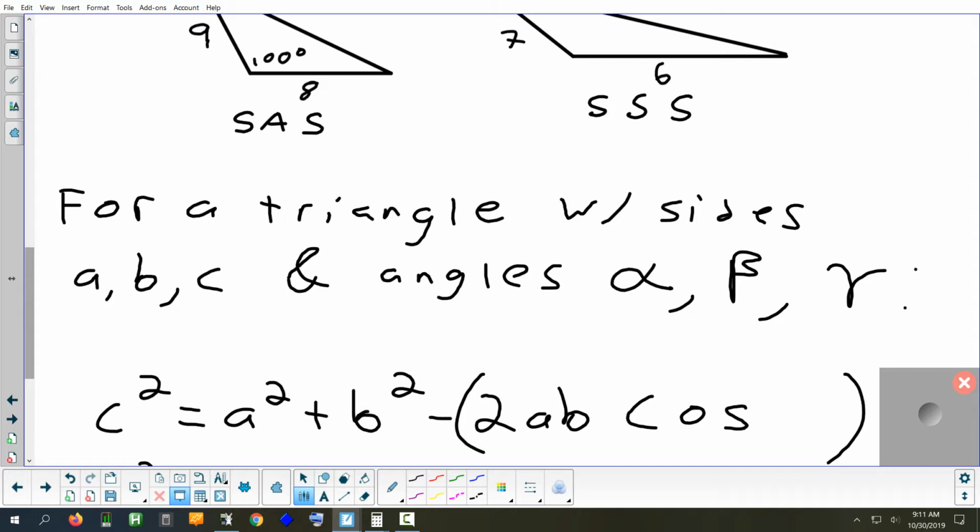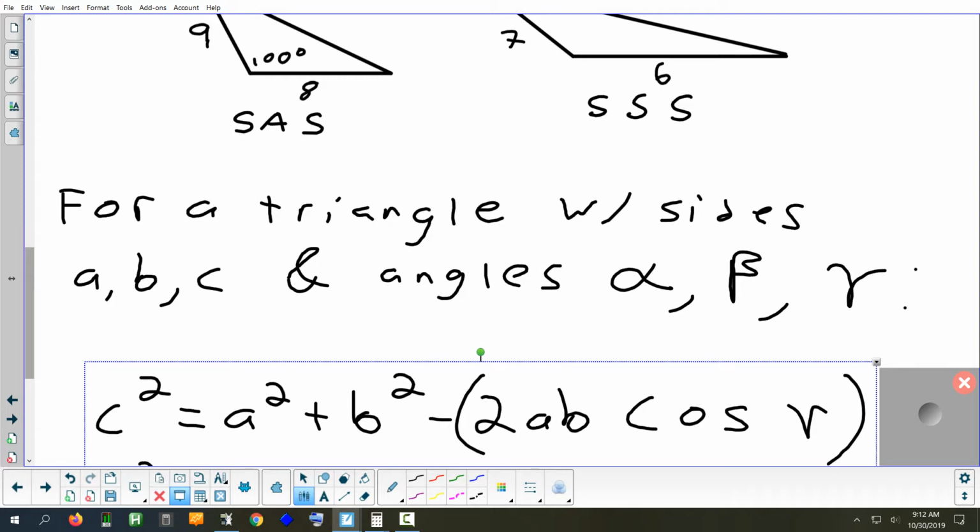So C is always across from angle gamma. I'm going to read it generically: one side squared equals the sum of the other 2 squared minus twice the other 2 that you just wrote times the cosine of the angle across from what you started with. As long as you think of it like that, you can start with c squared, b squared, or a squared.